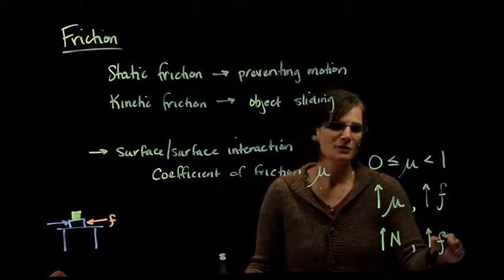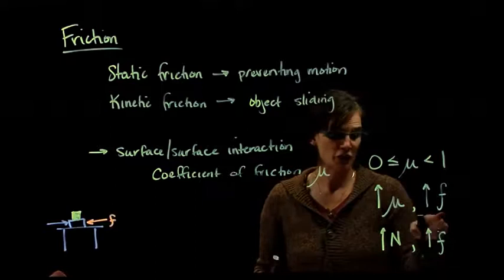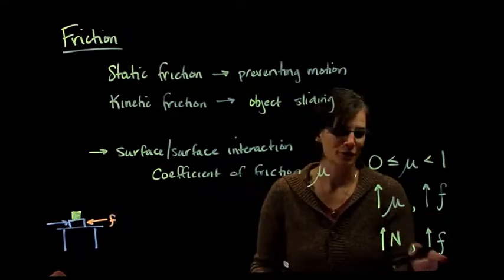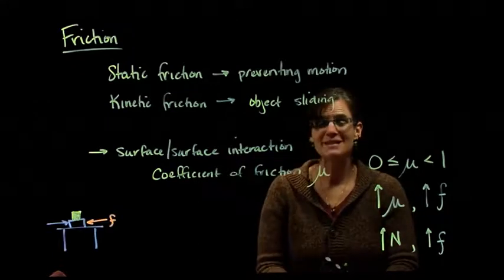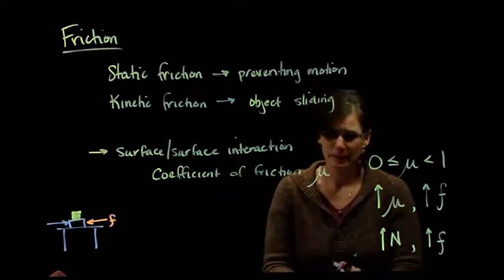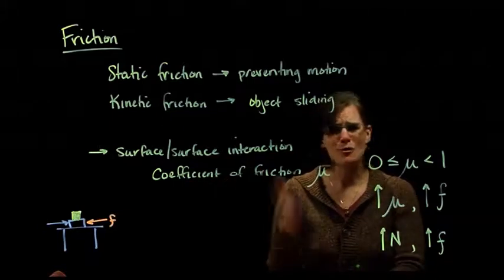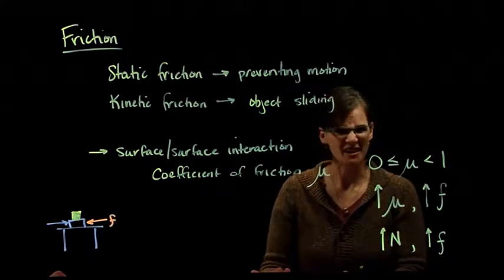So in both of these relationships, I have a relationship of proportionality. The frictional force is proportional to the coefficient, and the frictional force is proportional to the normal force. Now I'm going to tell you, the frictional force is the easiest formula to remember. I'll give it to you in your equation sheet for tests, but you won't need it, because the friction formula really defines all of physics.